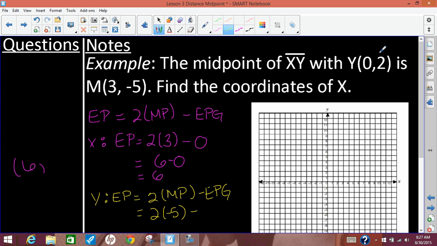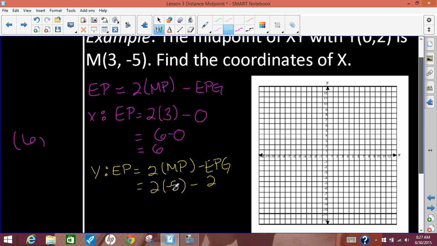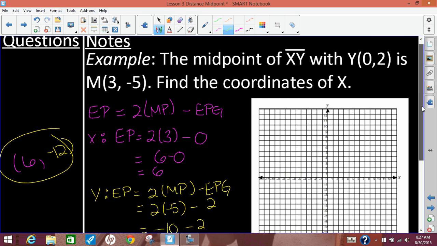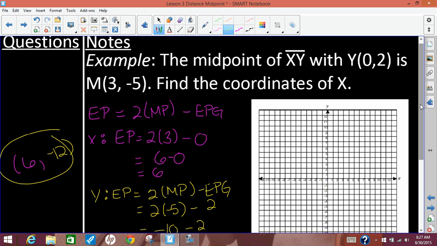The endpoint value is 2. -10 minus 2 gives us -12. So for segment XY, the coordinates for Y are 0, 2. The coordinates for the midpoint are 3, -5. And we just figured out that the coordinates for X, the other endpoint, are 6, -12.